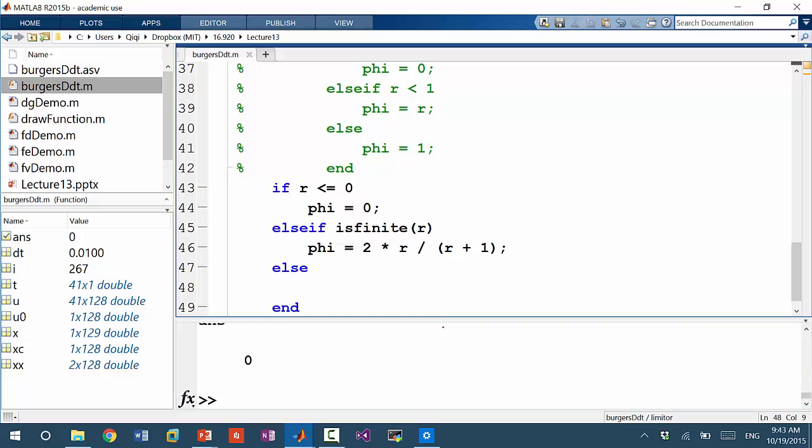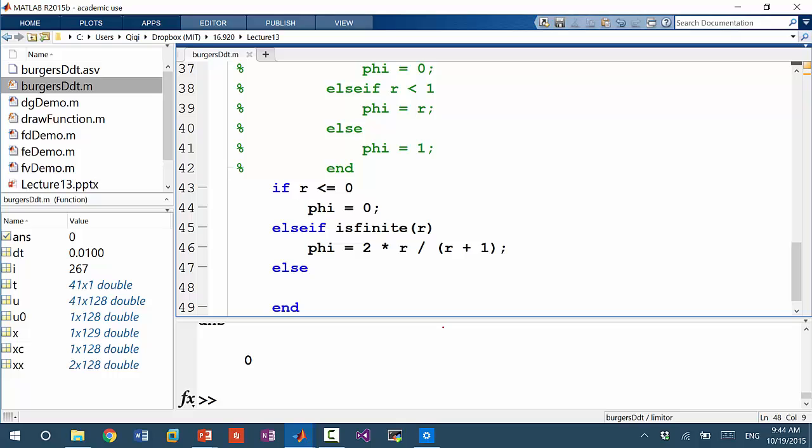So in that case, what should I do? Anybody? Okay, if it's NaN, I should return 1. If it's infinity, I should return 2.